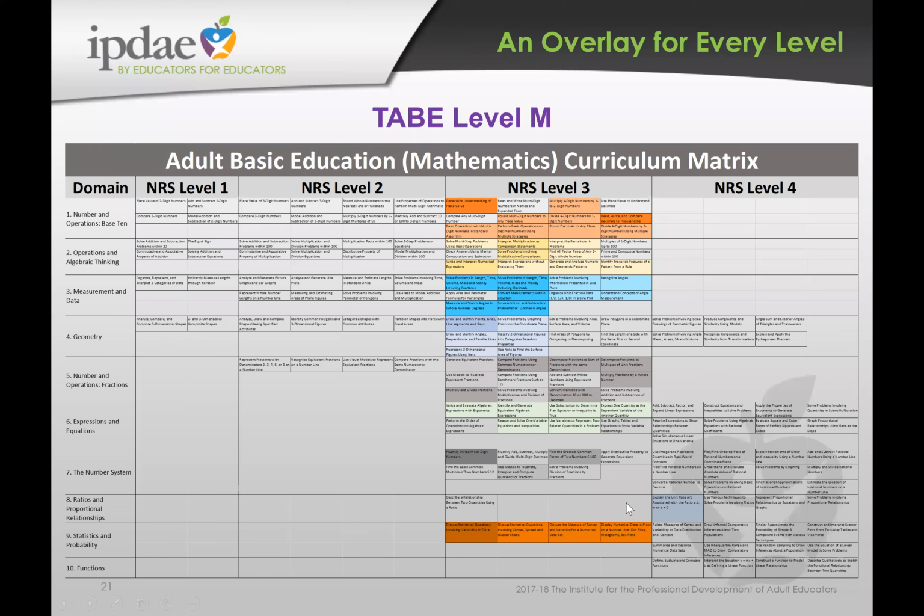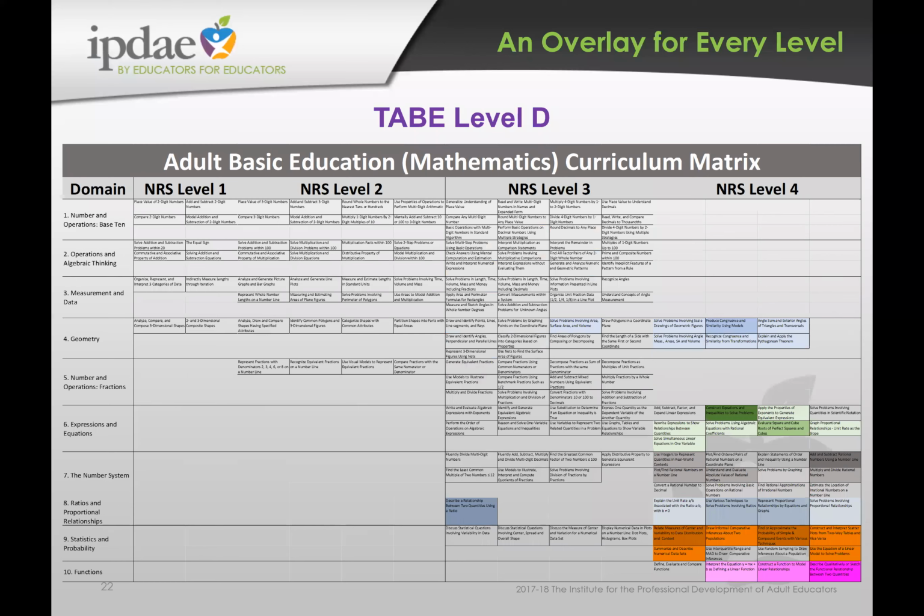So we have to really look deeply into that, and we're going to talk about it a little bit on that one particular standard. That's kind of like an outlier in this case. But again, we created the matrix prior to incorporating the TABE 11 and 12 blueprint. So that's why this is happening.